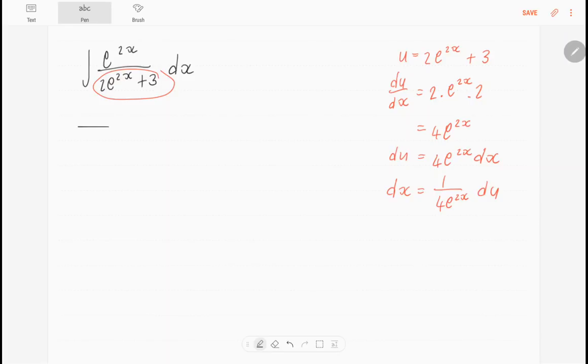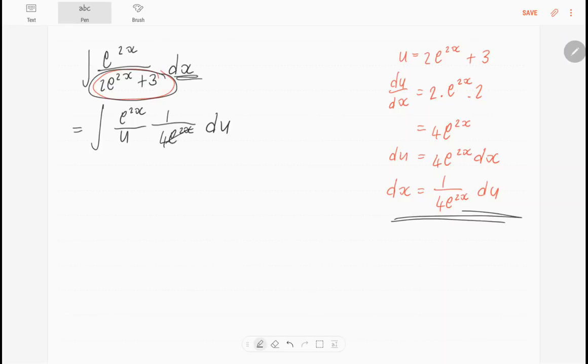So my integral is going to become, so firstly, I replace this thing by what I set it equal to. So I have u. Then I still have my e to the 2x, but my dx I'm now going to replace with this. So it's 1 over 4e to the 2x du. These two cancel.